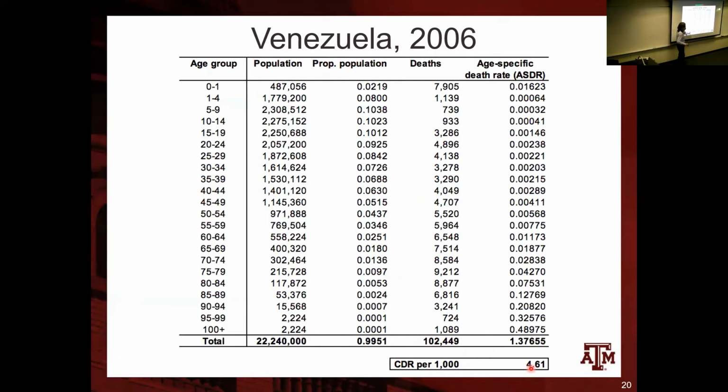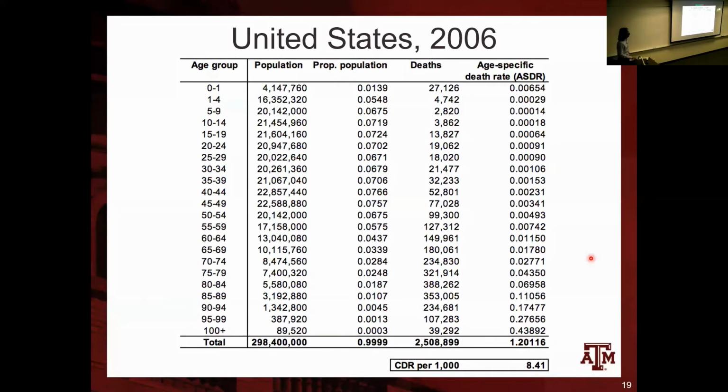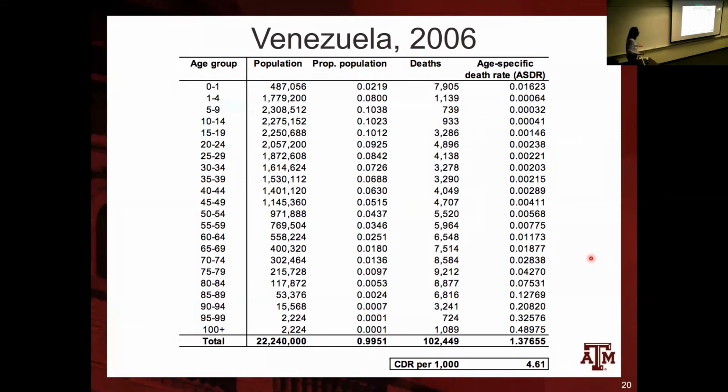So it's already considering the size of the population. And look, 4.61 in Venezuela is lower than in the US, 8.4. Does it mean that the overall level of mortality in Venezuela is lower than in the US? No, not necessarily. Because we are comparing crude death rates of countries that have different age composition.